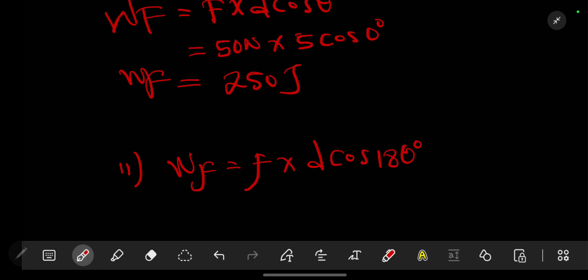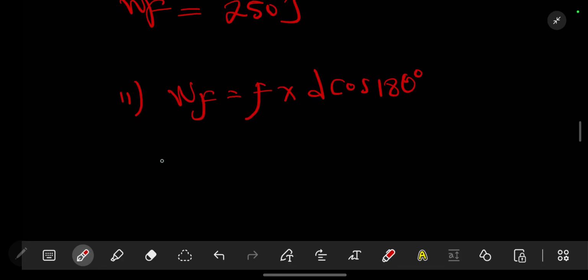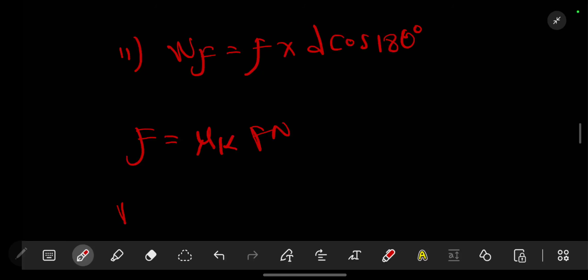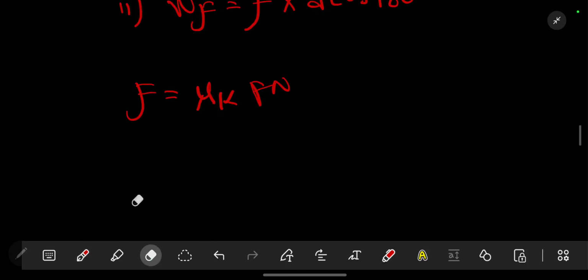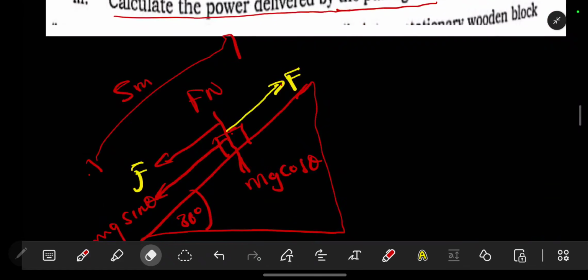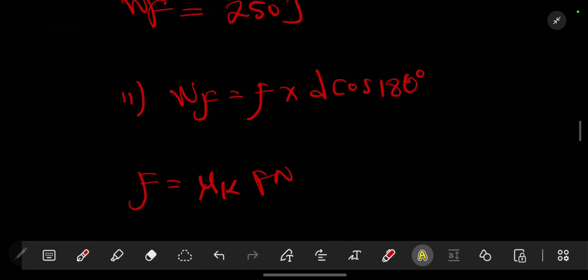Now, knowing that the frictional force is equal to, according to your dynamics, the coefficient of kinetic friction times the normal force, and the normal force is pointing up, then the downward force is the mg cosine of theta.